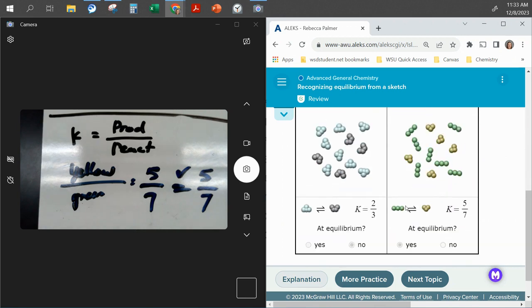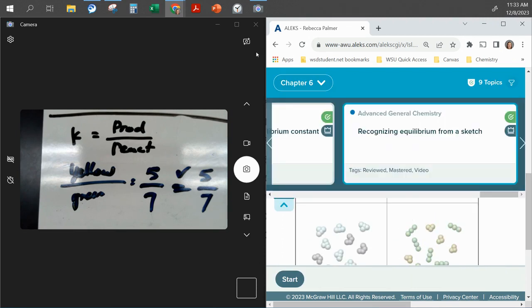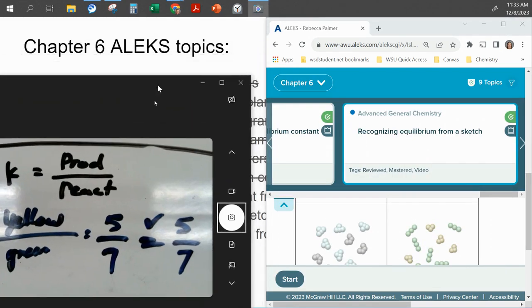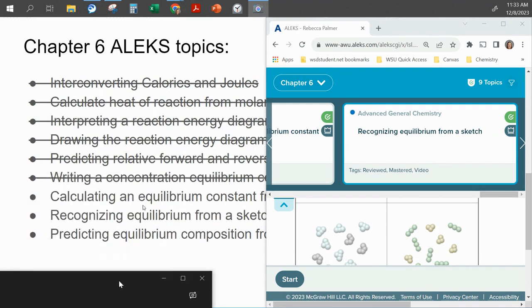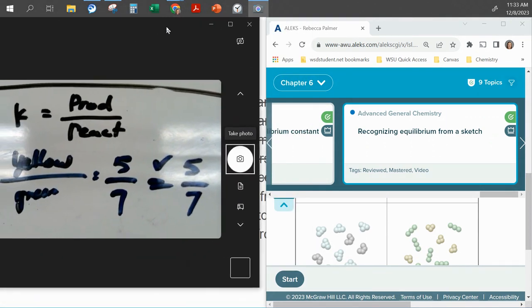Okay. Let's do the last topic. The last one is predicting equilibrium composition from a sketch.